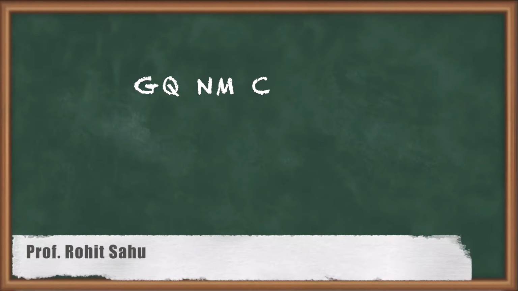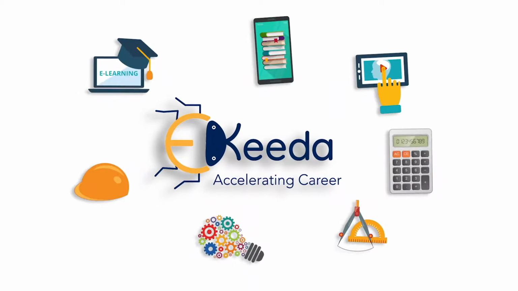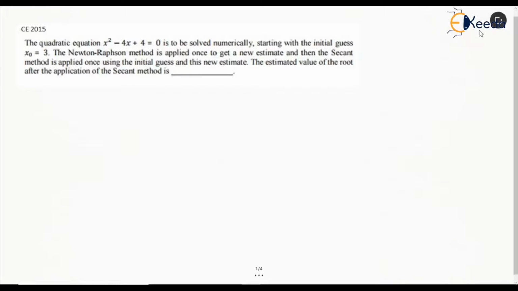Hello everyone. In this session, we'll see a question on numerical methods from Civil 2015. The quadratic equation given is to be solved numerically starting with the initial guess of x naught equal to 3.